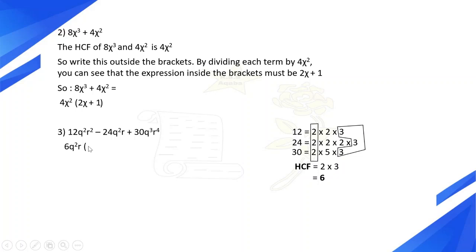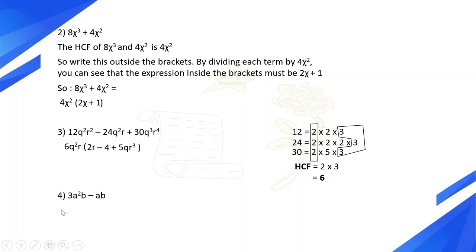Then, open bracket, divide 12q squared r squared by 6q squared r, and you will get 2r. When dividing the second term by 6q squared r, we will get minus 4. Then divide the third term by 6q squared r, you will get 5qr cubed.